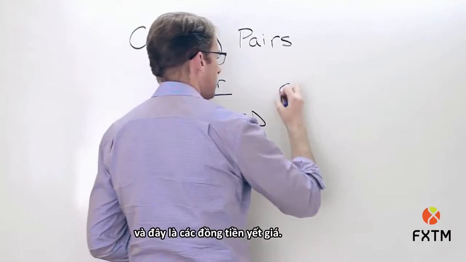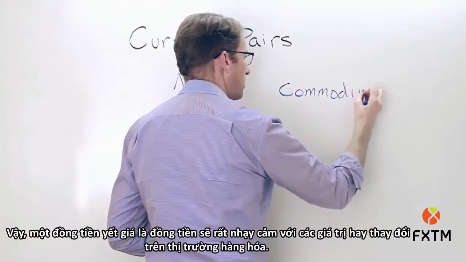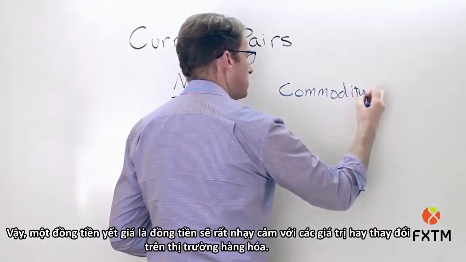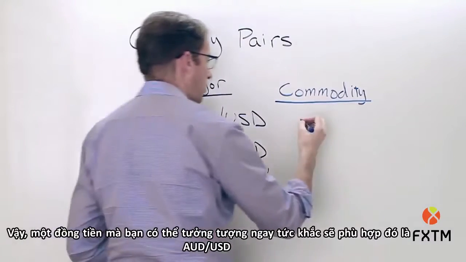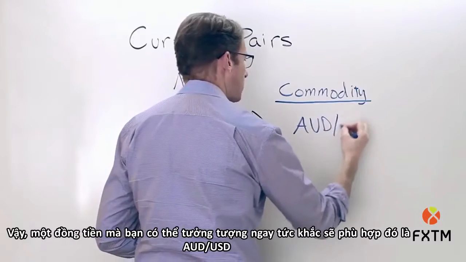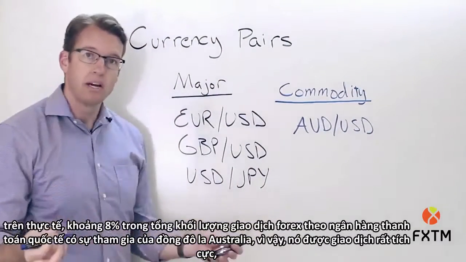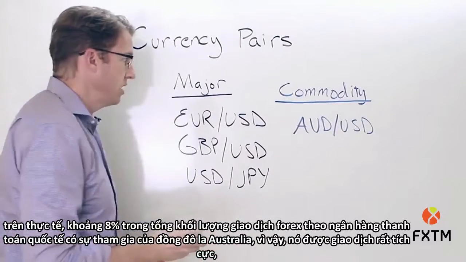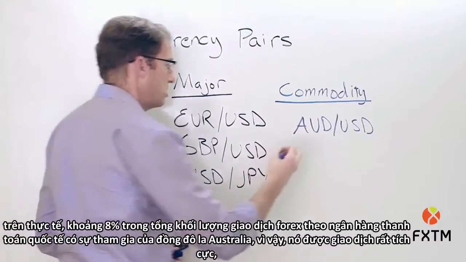And these are the commodity currencies. A commodity currency is a currency that is going to be very sensitive to changing values in the commodity market. One that you can imagine right away would make sense is the Australian dollar to the US dollar. About 8% of all Forex trading, according to the Bank for International Settlements, involves the Australian dollar, so it's very actively traded.